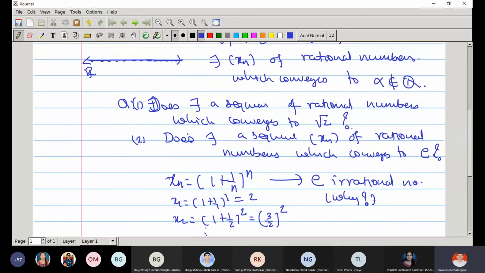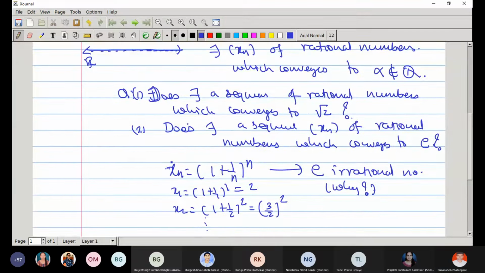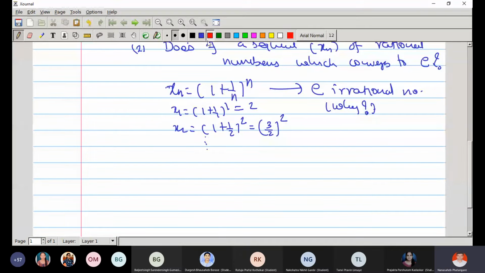Now, can you find a sequence of rational numbers which converges to root 2? You have already learned this in calculus. x1 is equal to 1, x_{n+1} is 1 by 2 times (x_n plus 2 upon x_n). You have proved that this is monotonic increasing and bounded above, so it converges, and the limit of this is root 2.